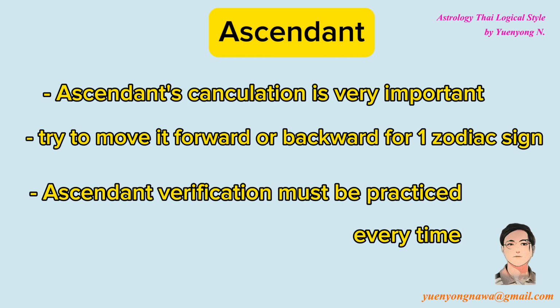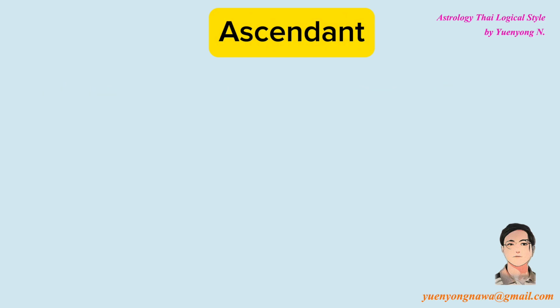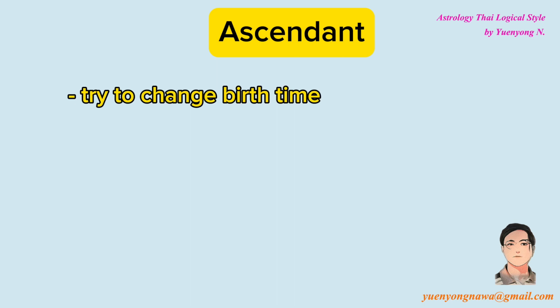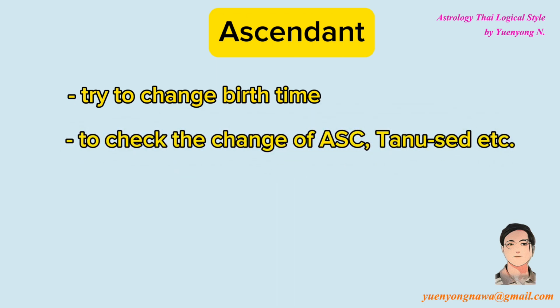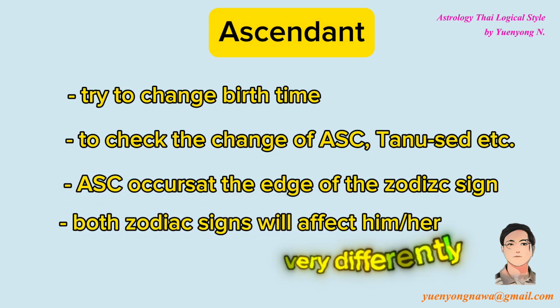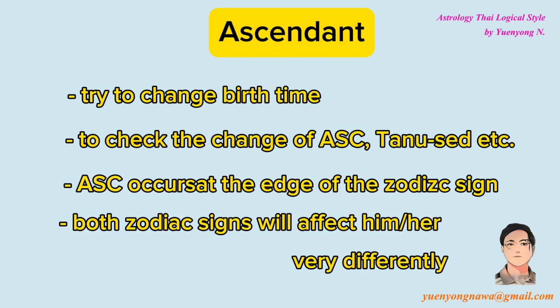Ascendant verification must be practiced every time despite our knowledge of exact time of birth. By asking her outstanding characteristics, see Natal Chart Interpretation chapter, and trying to change birth time to be 1 hour earlier or later to check the change of ascendant, Tanu said, planets in zodiac sign, including auspicious times. Then, we change it for half an hour at a time to be more elaborate.